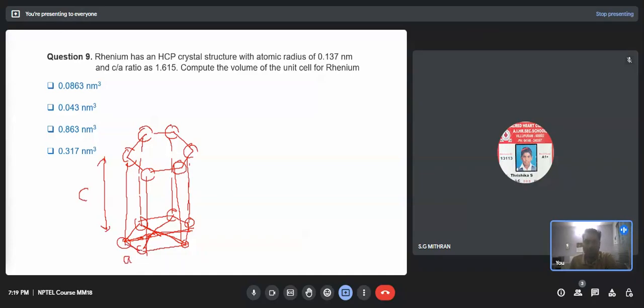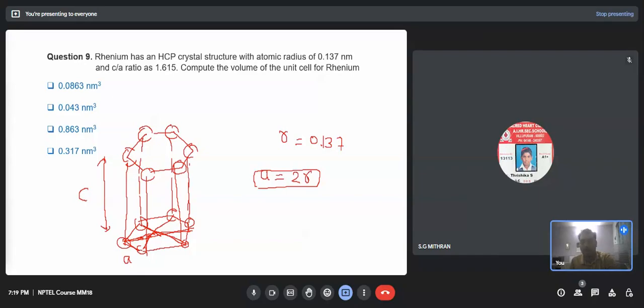And it's given that radius R is 0.137. So first we have to find out A. So how we can find out? A is around 2R in HCP. So it will be double of this value.